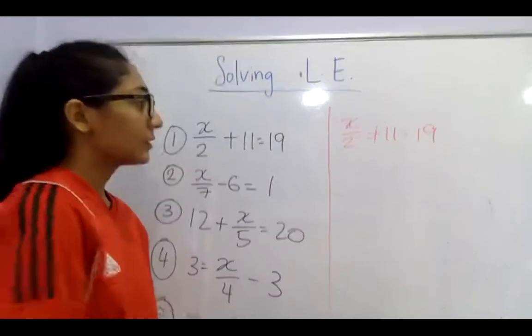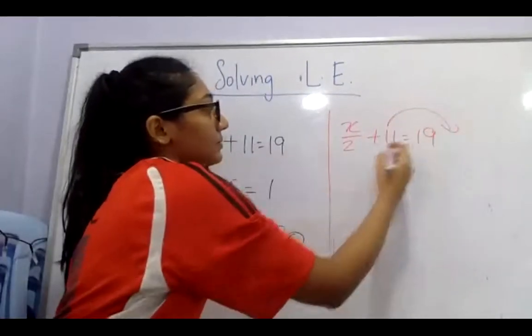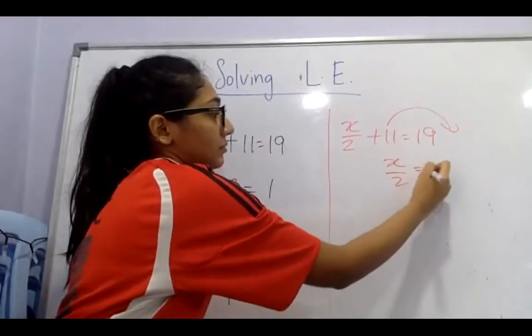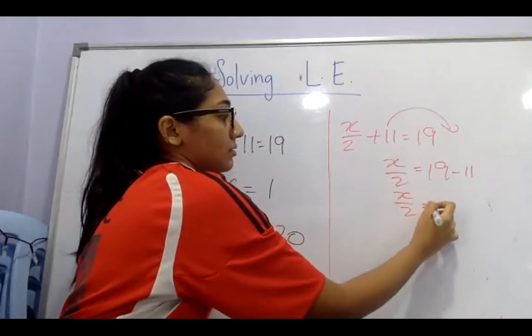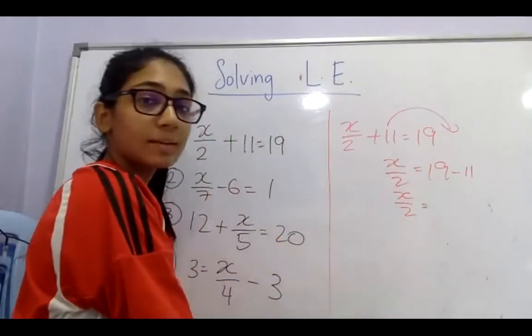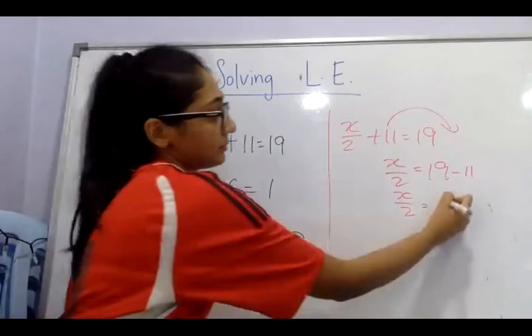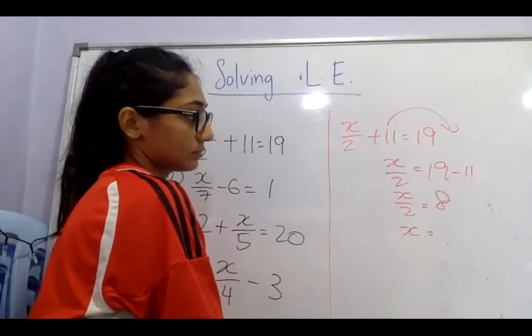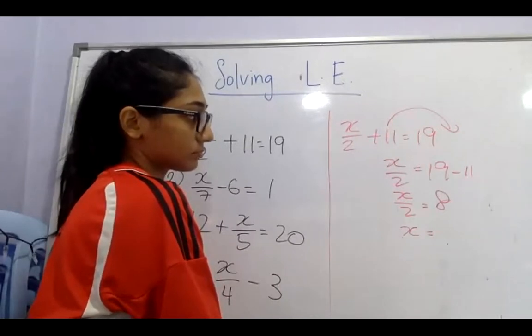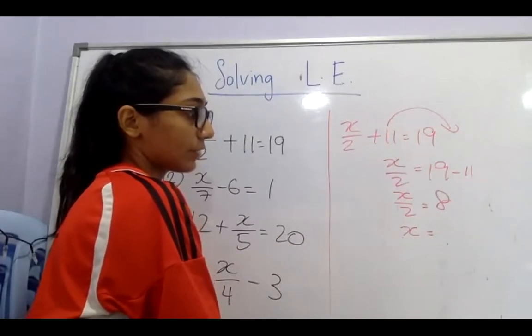Okay, so I moved 11 here, so it becomes 19 minus 11, which is 8. And then x equals 4.